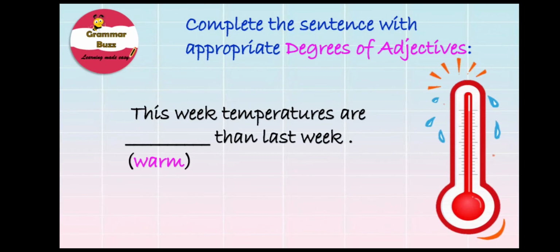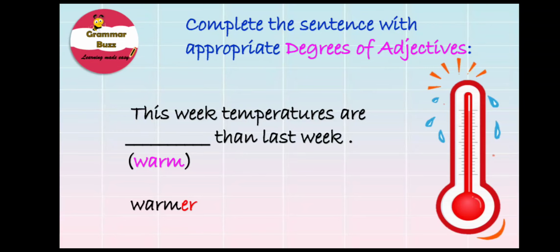Here comes the next one for you, and it says, this week temperatures are dash than last week. And your positive degree of adjective is warm. I guess you've already got the hang of it. So could you tell me what is the correct degree of adjective to fit into the sentence? Correct, you're right. And the word is warmer.